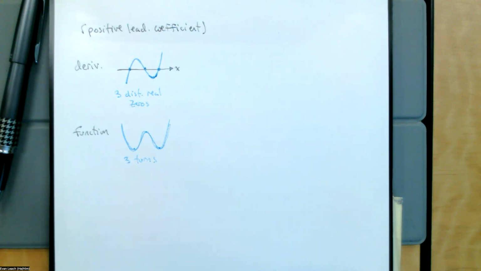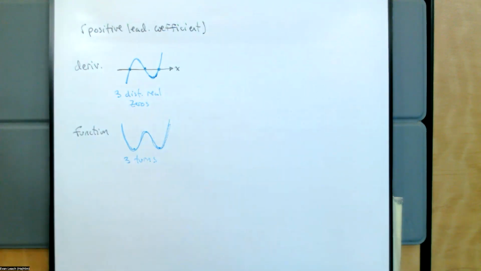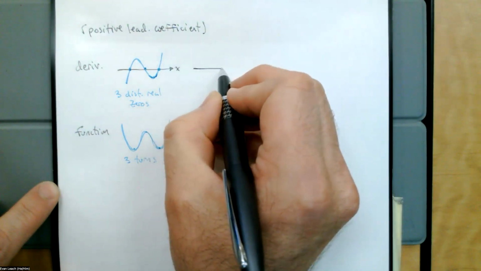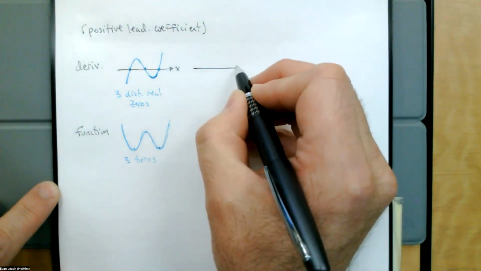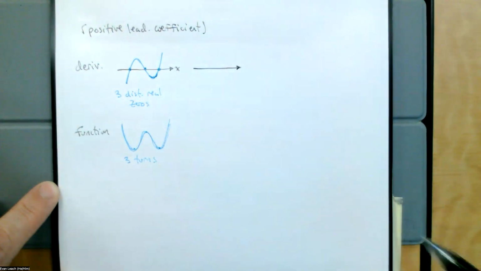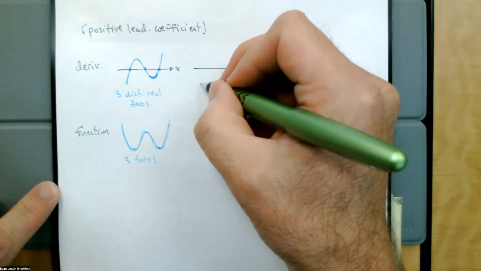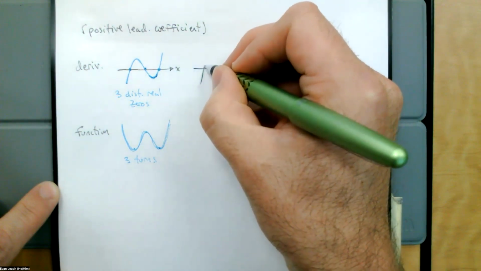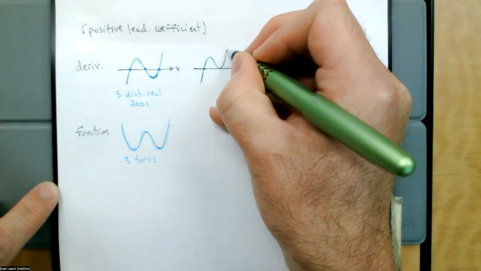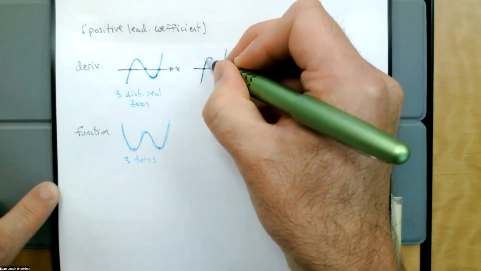The other thing that could happen in the derivative is two distinct real zeros, one of which gets repeated. So here's one. And then the other one, if it's going to be repeated, I'm going to have to do this.